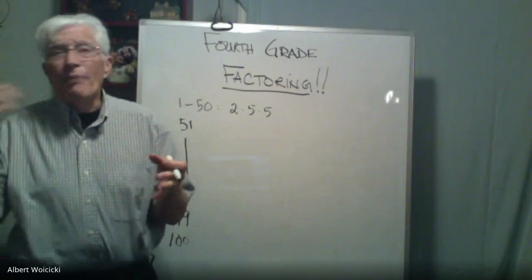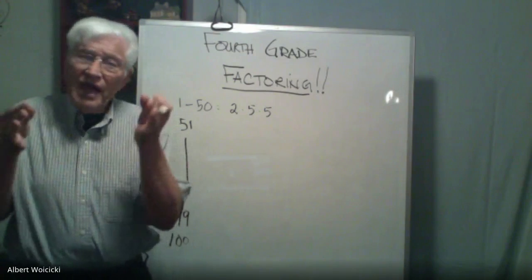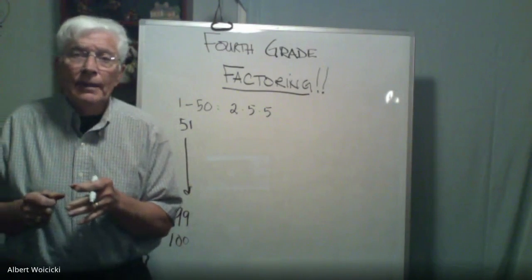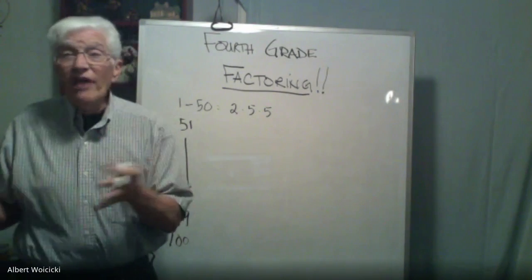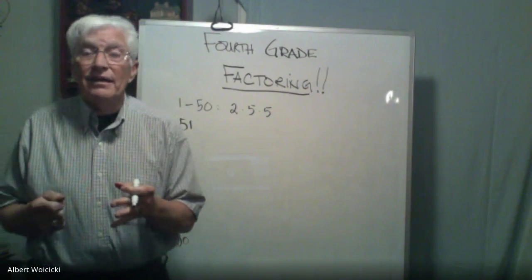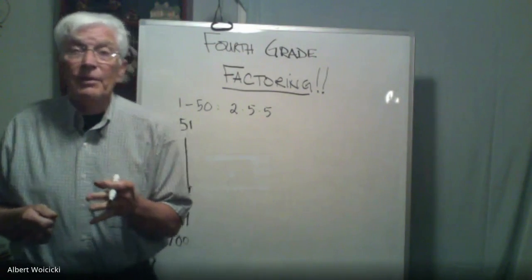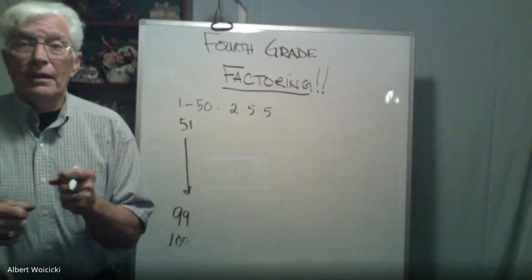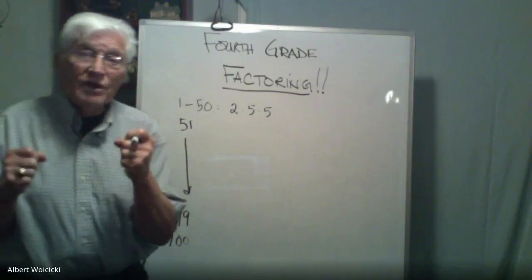Not try and memorize them. They should have them on a sheet of paper. And if they've lost them or thrown them away, tell them to get them back. Have them redo it because they're going to need them. All right, that's really important.